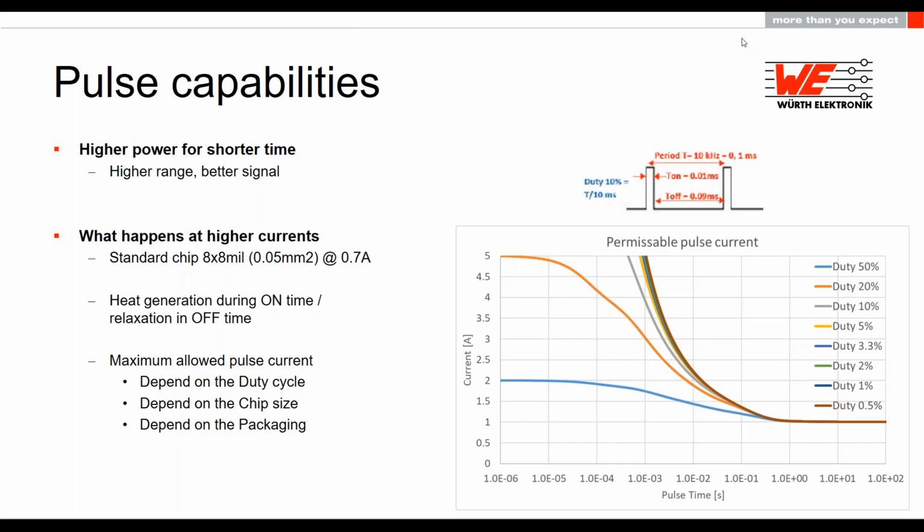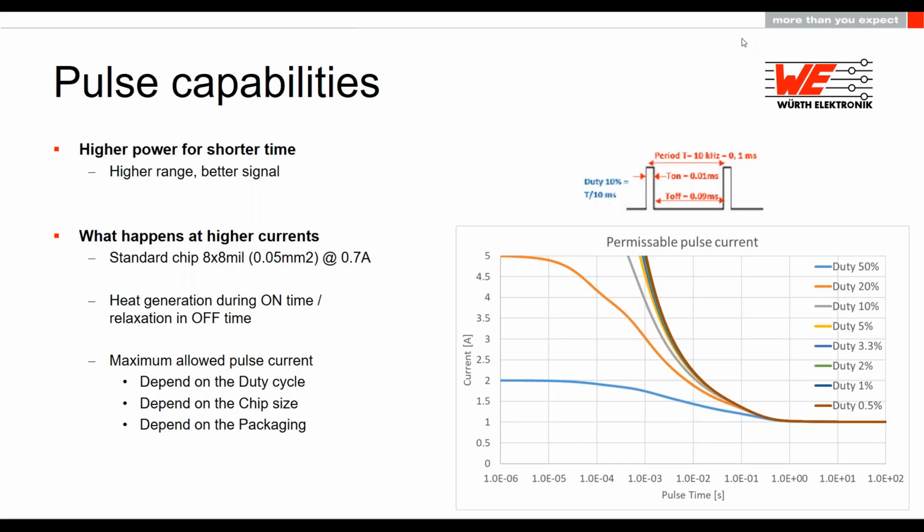Because if we take a standard chip of 8 by 8 mil, or 0.05 square millimeter, and drive it with 0.7 ampere, then with a forward voltage of around 2 volt, we will have around 1 watt already going into the LED.